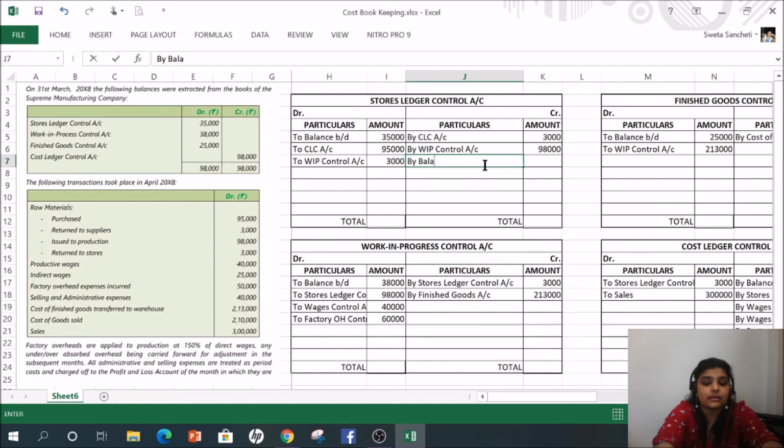So by balance carried forward, that would be 1,33,000 minus 98,000, 32,000. This is my balancing figure, 32,000.